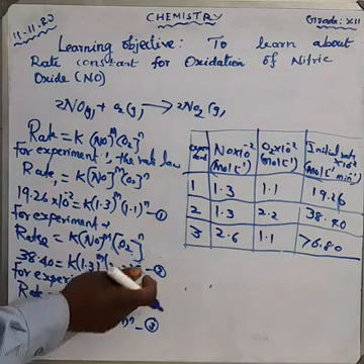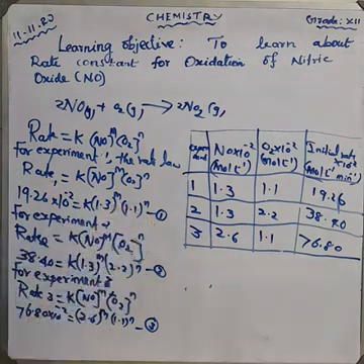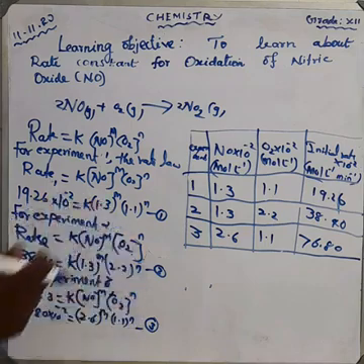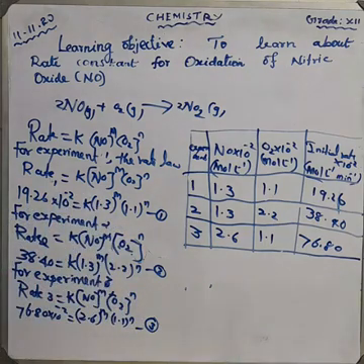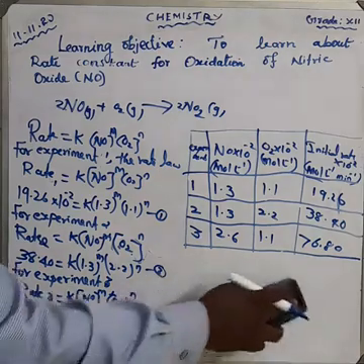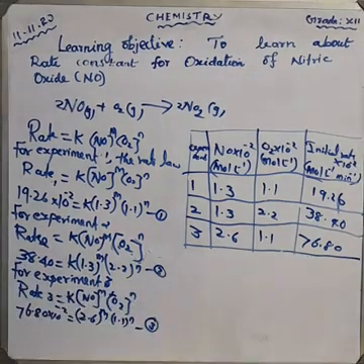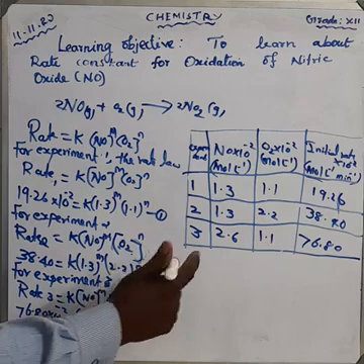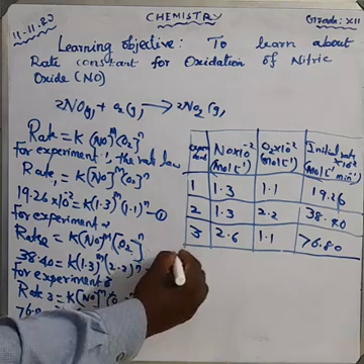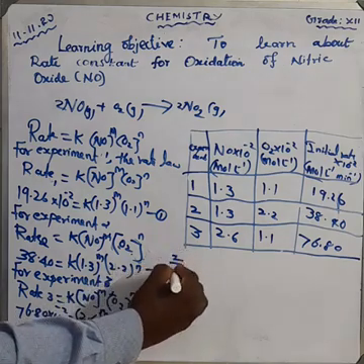So what is the answer? First of all, you should write equation number 2, that is, equation 2 by 1.